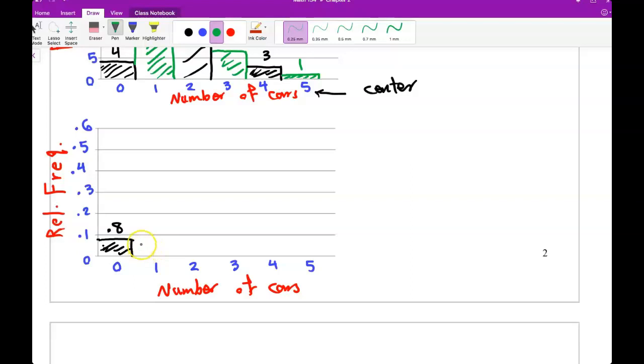For one car, 26%. That is 25. Here is 26. Next one, 44%.